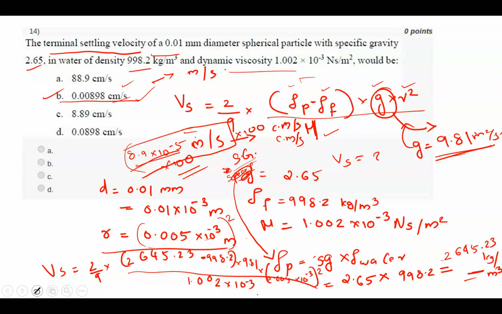You solve this equation, you will get around 8.9 into 10 to the power minus 5 meter per second. Then multiply with 100, then you get 8.9 into 10 to the power minus 3. Then you write it like 0.0089 centimeter per second, this way. Got it?